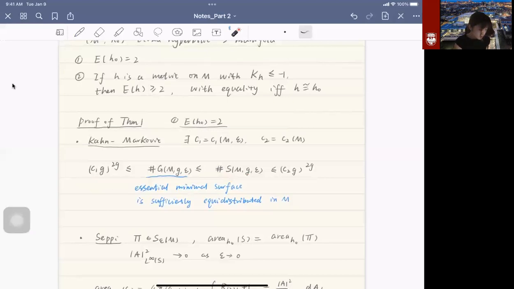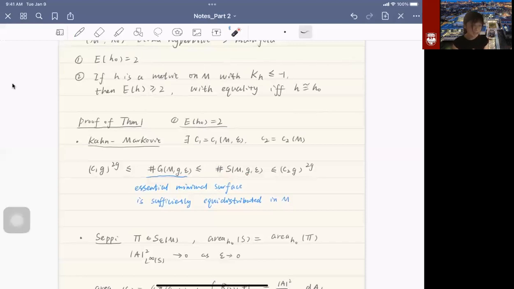And here, let me briefly mention the definition of this subset capital G. They constructed an essential minimal surface by attaching some pairs of pants. And in particular, this surface is sufficiently equidistributed in M. Now we take this subset G to be the elements containing the finite covers of the minimal surface.